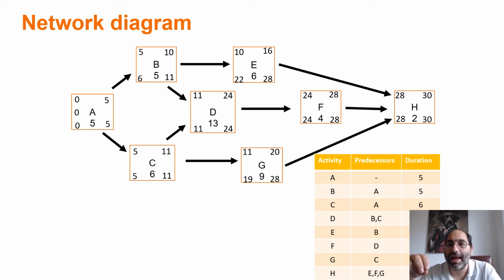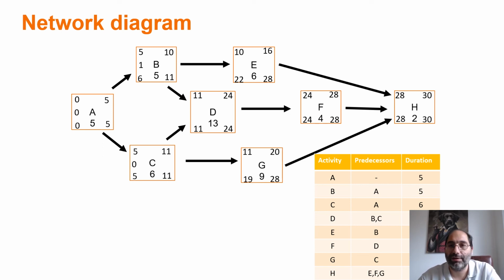It means that any delay on activity A will cause a delay to the project. That's what no slack means. Moving to activity B, the slack or float time is going to be late start minus early start, 6 minus 5, or late finish minus early finish, 11 minus 10, which is 1.